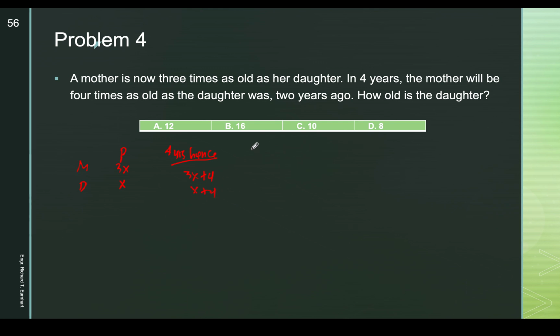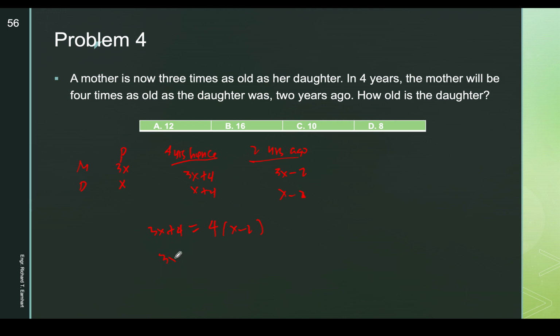But 2 years ago, their ages will be 3x minus 2 and x minus 2. So, in 4 years, the mother, 3x plus 4, will be 4 times as old as the daughter 2 years ago, which is x minus 2.